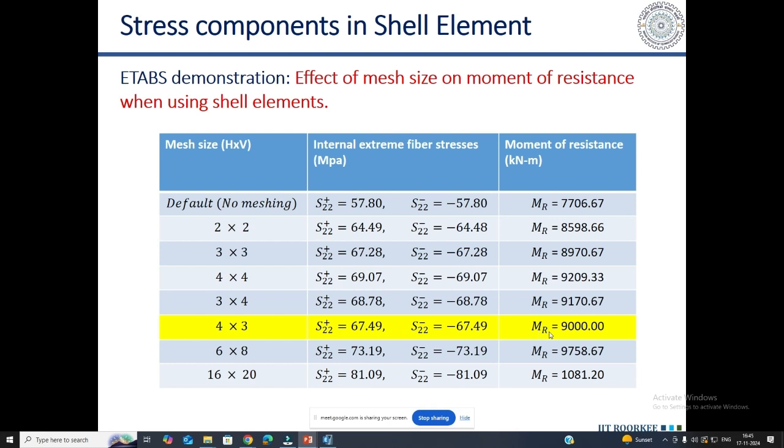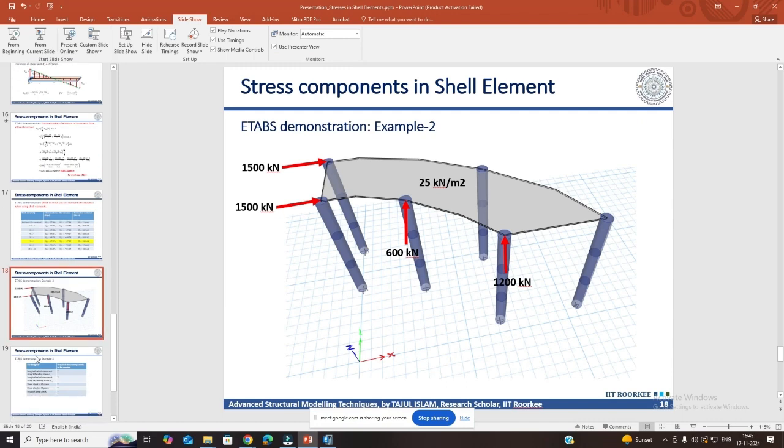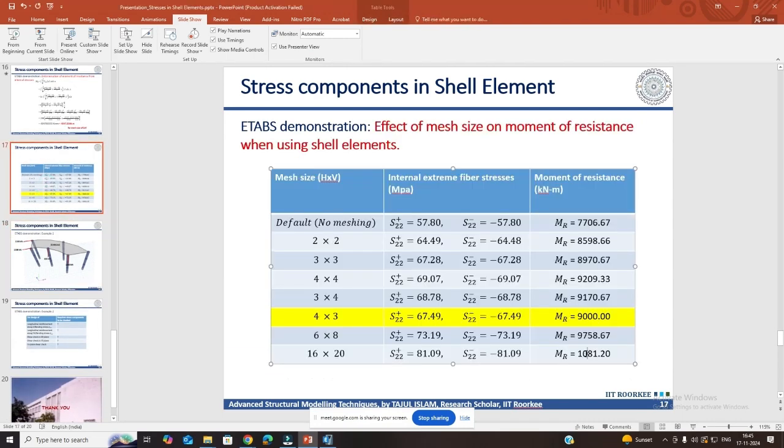Then I also analyzed what if I give a finer mesh. Sometimes people think that if I give the smallest possible mesh size, the result will be accurate. To check that, I explored with a higher mesh size. This is actually 10,000.